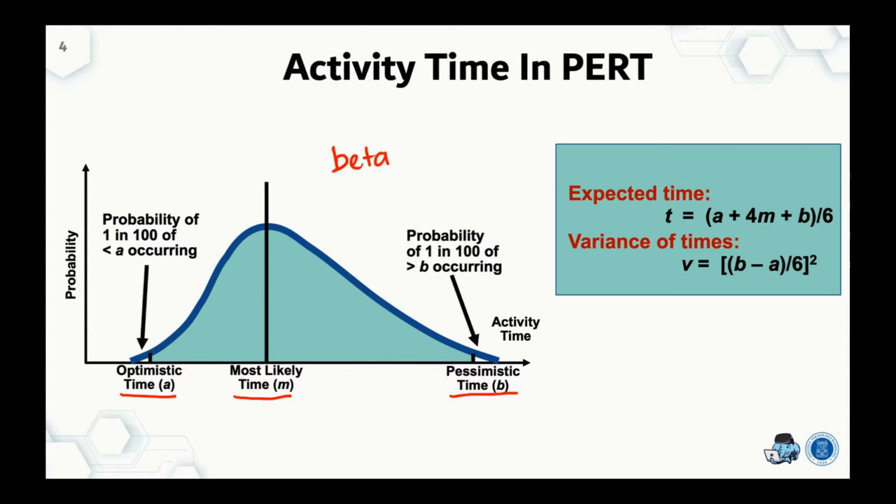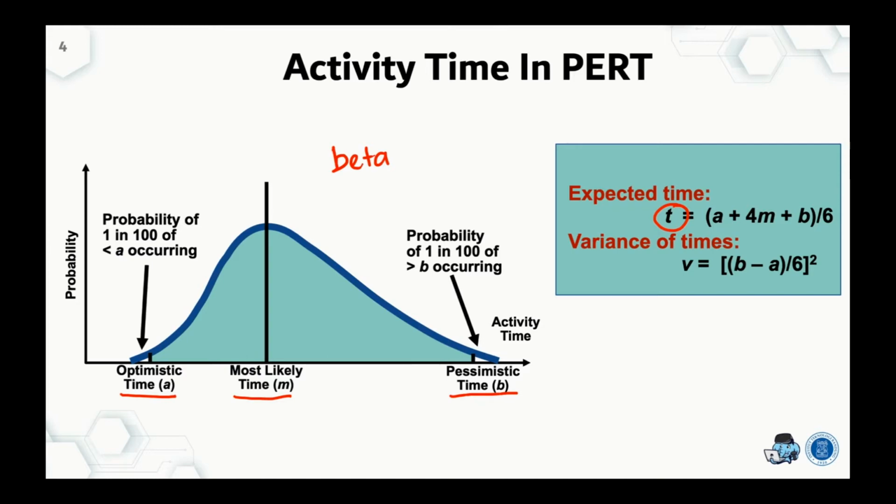Based on these three times in PERT, we can calculate the expected time with this formula: T, the expected time, equals A, optimistic time, plus 4M, most likely time, plus B, pessimistic time, divided by 6.